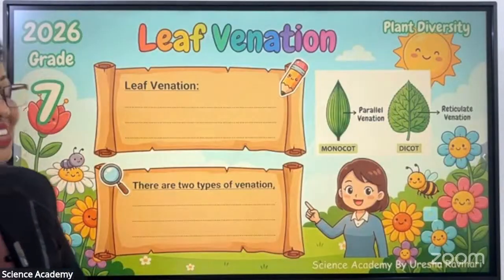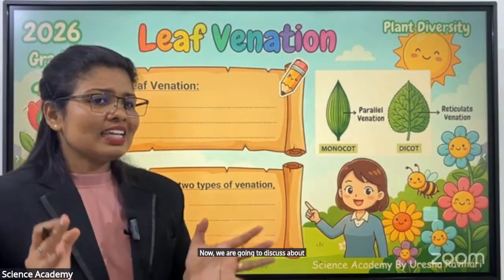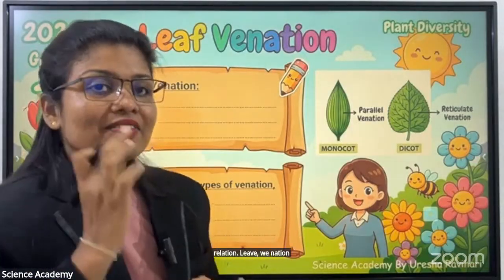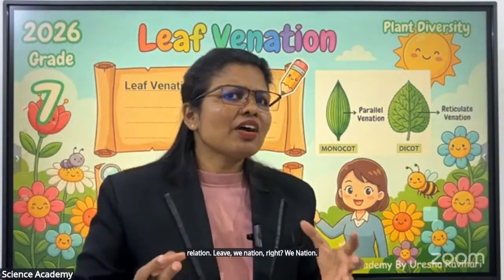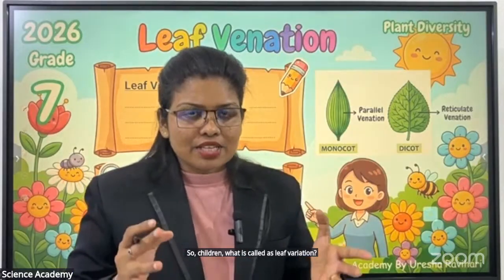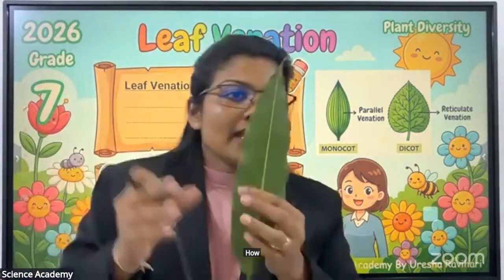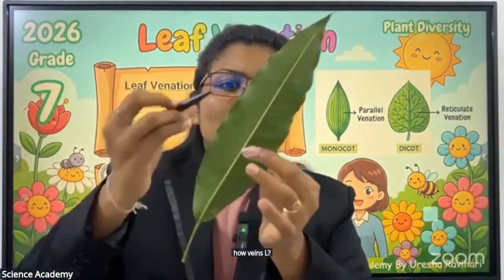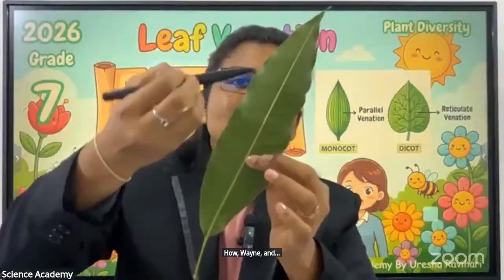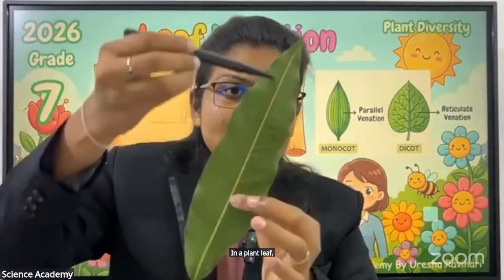Children, now we are going to discuss leaf venation. So what is called leaf venation? Leaf venation means how veins and veinlets are arranged in a plant leaf.